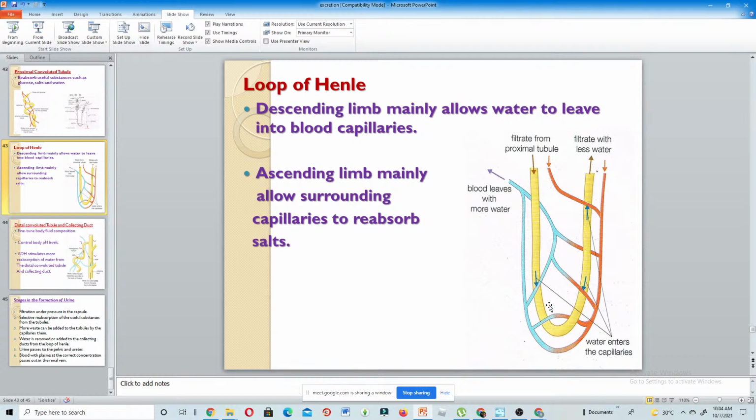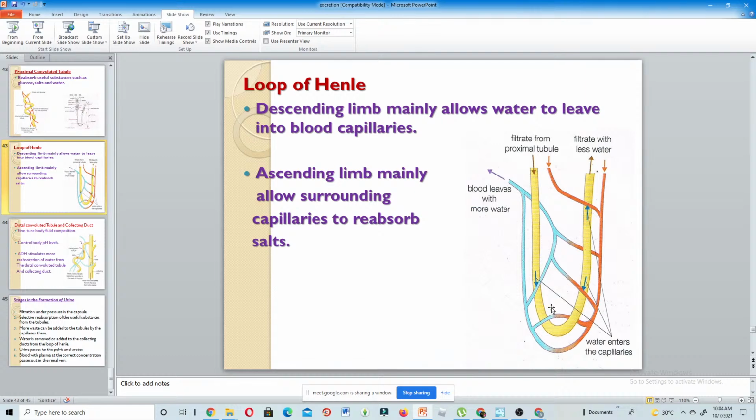This is the side that reabsorbs water, while the side that is going up, which means the ascending side, is the side that reabsorbs salts. So in terms of reabsorption of water and salt, you should be able to tell me that yes, the loop of Henle also allows the reabsorption of those two substances.